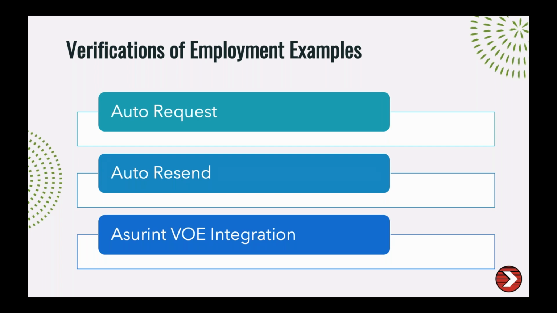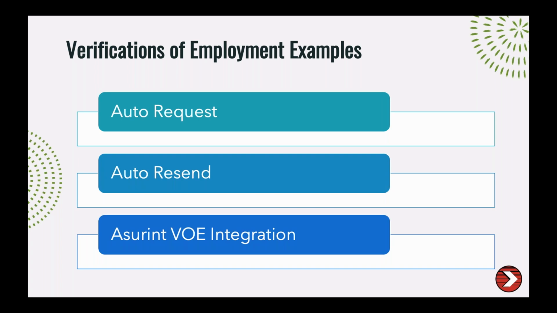Those won't go out, but there's status criteria that you can choose to set up for when things would go out automatically. So if there's things like network requests, those types of things could be triggered. And there's lots of different features in there that you can set criteria around to help you start that process and continue to do resends on verifications if you haven't received a response from the previous employer.